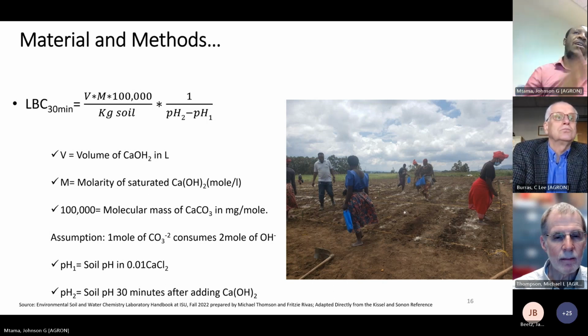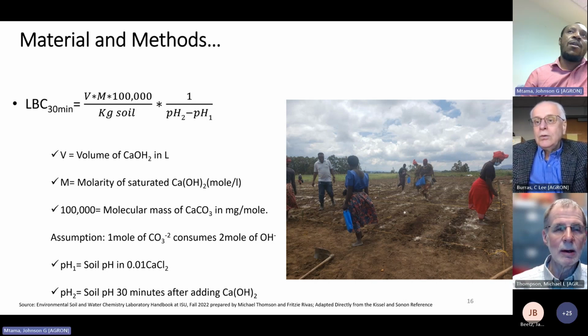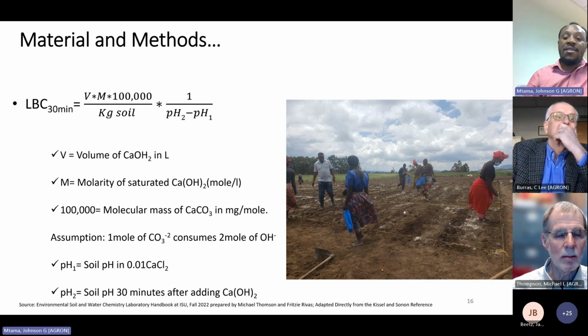So lime buffering capacity is calculated using the volume of calcium hydroxide used times the molarity of calcium hydroxide times 1, over the pH of the solution consisting of the calcium hydroxide and calcium chloride in the soil, that is pH 2, recorded at 30 minutes, minus the pH of the soil using the calcium chloride method. So with these parameters in place, I was able to compute the lime buffering capacity at 30 minutes.